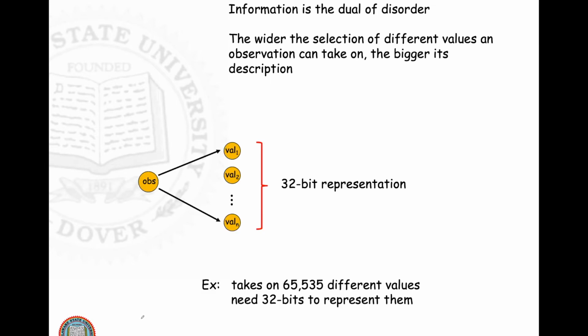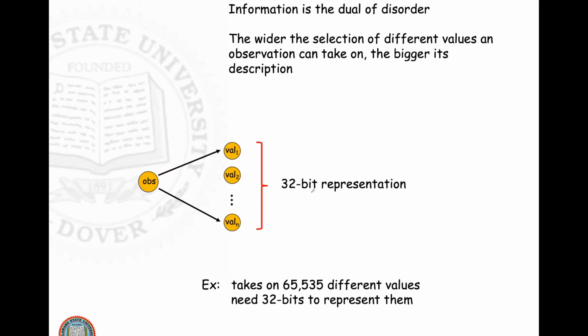So let's take a look at some observation. If an observation can take on n many values, in order to enumerate or count those values, you need enough bits to represent the numbers for the different values 1, 2, 3, up to and including, say, n.